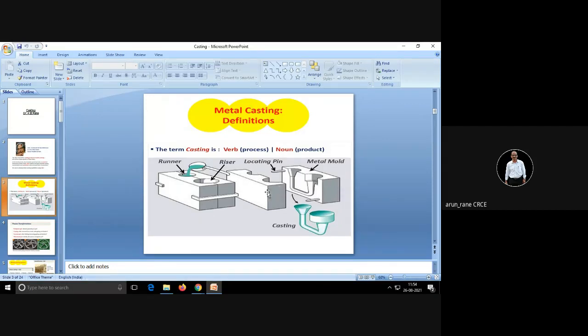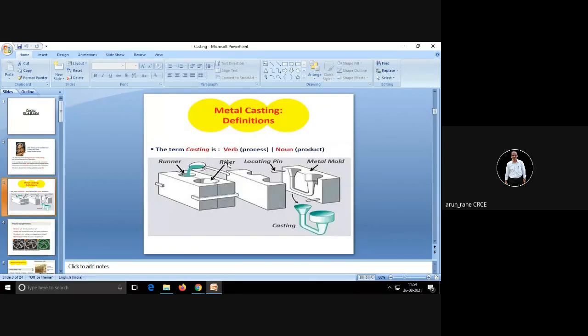So now whenever these two parts are assembled together, then this and this have to match each other. Then there is something called the runner through which the molten metal is poured, then it gets solidified, and then these two halves are removed and the casting is taken out.